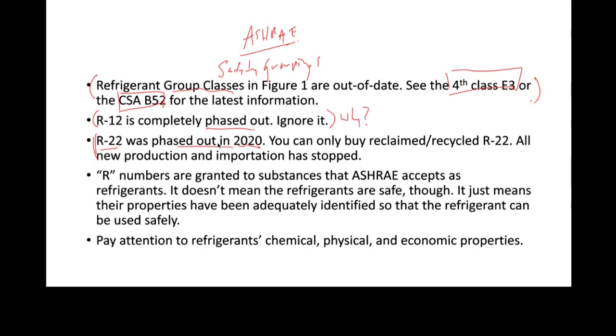What you can do is purchase reclaimed, recycled R22, maybe pulled out of an R22 chiller. So you can purchase reclaimed stuff only, which means the availability is probably far less than demand. The demand is really outstripping the availability of R22 right now, so if you want to buy reclaimed R22, we're looking at a lot of money there.